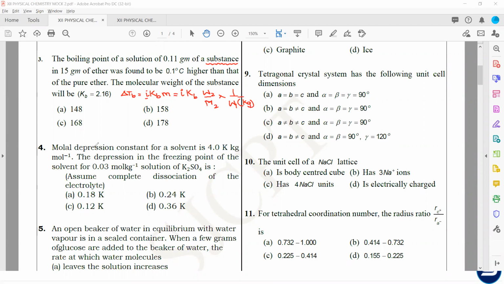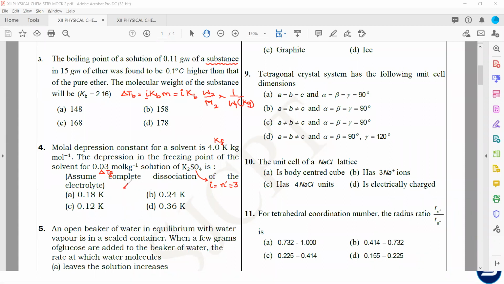Fourth, molar depression constant for a solvent is 4 K kg per mole. That's Kf. The molality is 0.03 mole per kilogram, and you are supposed to find delta Tf. K2SO4 is given, meaning this is an electrolyte, so the i value is very important. Assume complete dissociation of the electrolyte, meaning alpha is equal to 1, so the i value becomes directly equal to n dash, which is equal to 3.